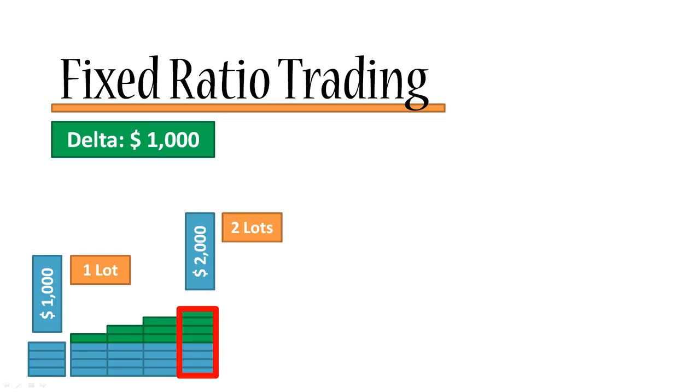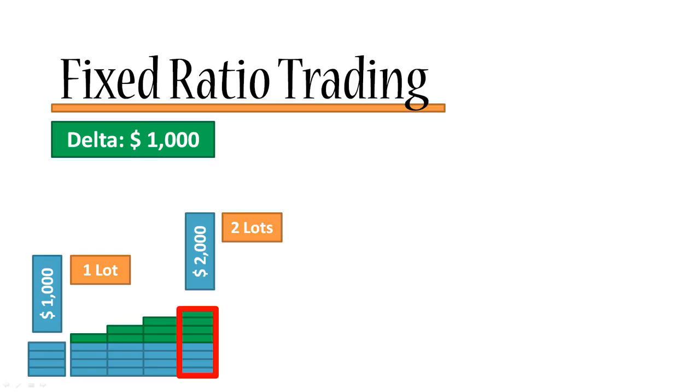Before we continue with the example, let's calculate when we will be allowed to increase our volume to the next step. So we're trading with two lots, and the fixed ratio money management method says that every single lot that you're trading with has to earn you a delta on top of your current funds in order for you to be allowed to increase your volume to the next step.